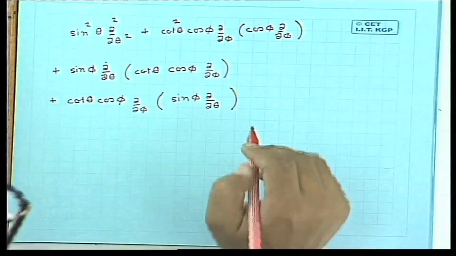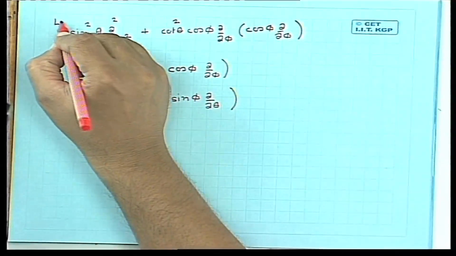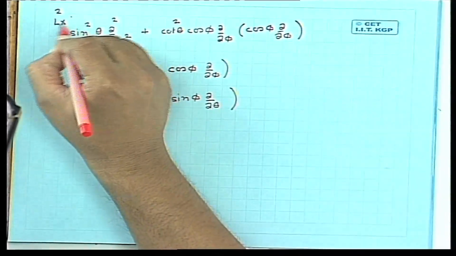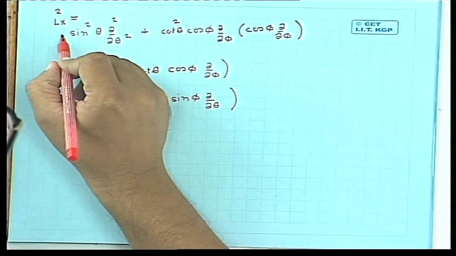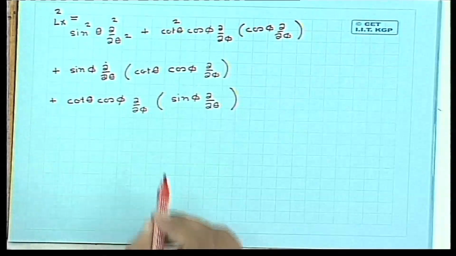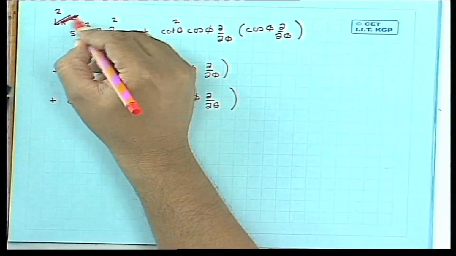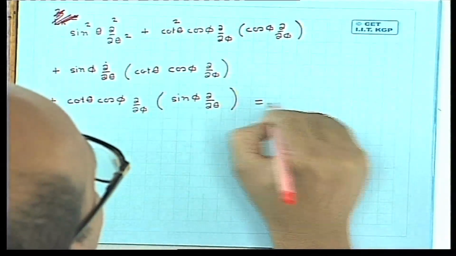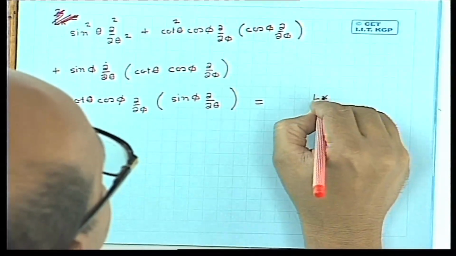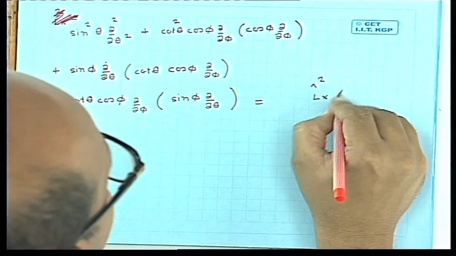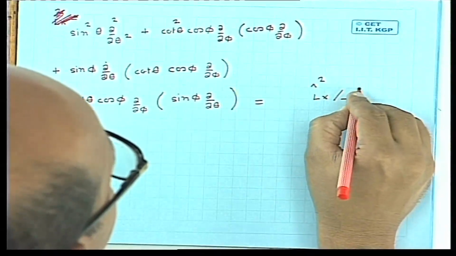So this is Lx squared, and this into minus h cross squared is equal to this whole thing. Okay, let me not, this is equal to Lx squared divided by minus h cross squared.